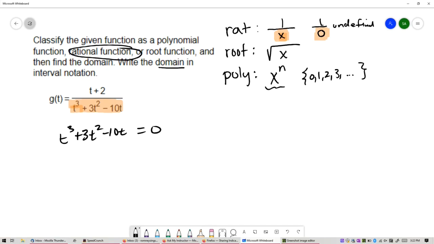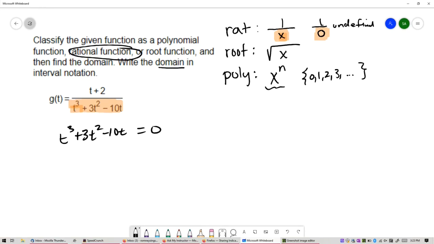Now this equation is what we call a polynomial equation or a cubic equation. There are lots of different methods for solving them, but in our class we're going to focus on the factoring method for solving these. So when you're factoring, your first thought should be, is there a common factor?